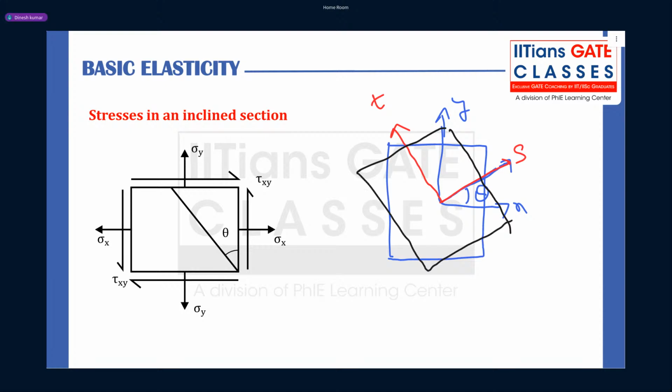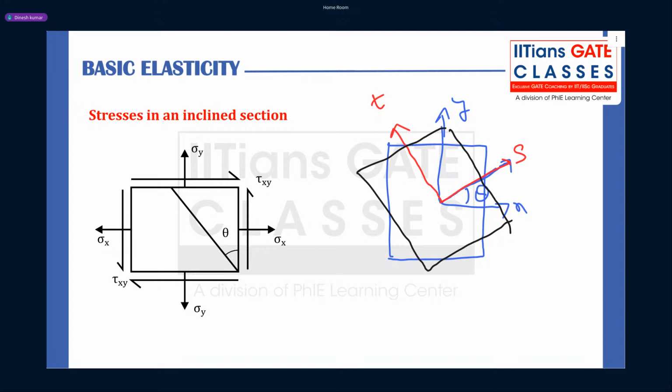Are you understanding? Now, what actually will sigma SS, sigma TT, and tau ST be? You can see you have rotated your plane by some angle theta.